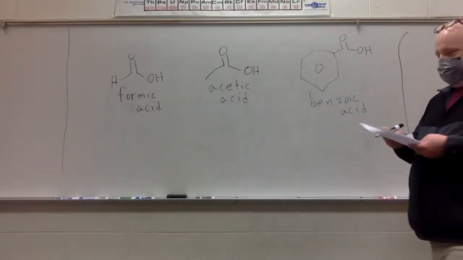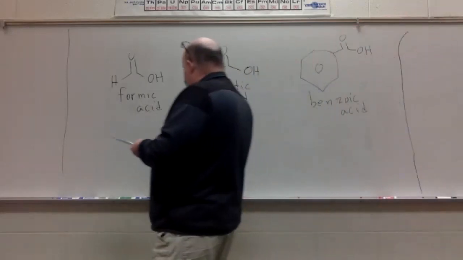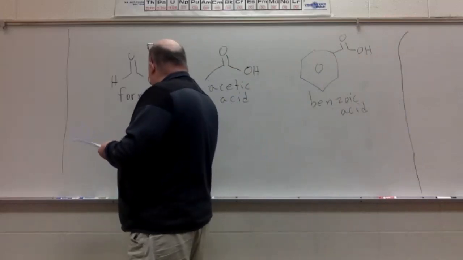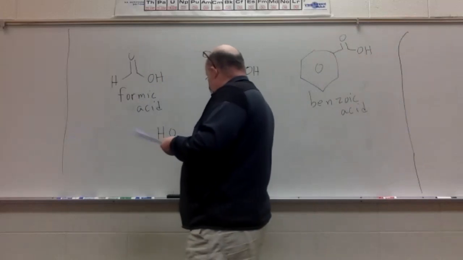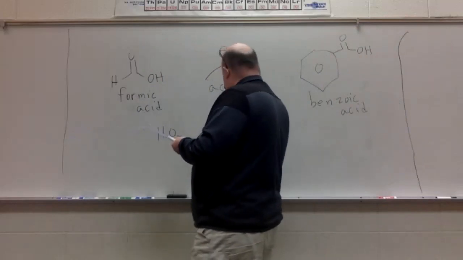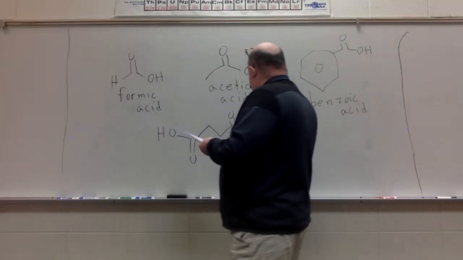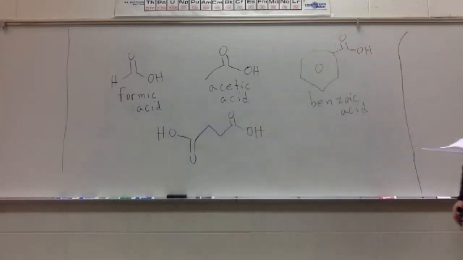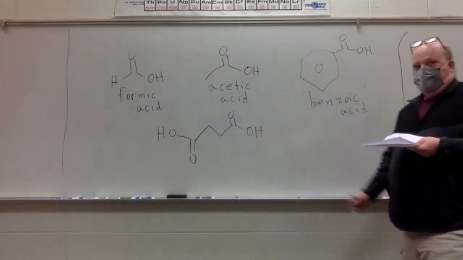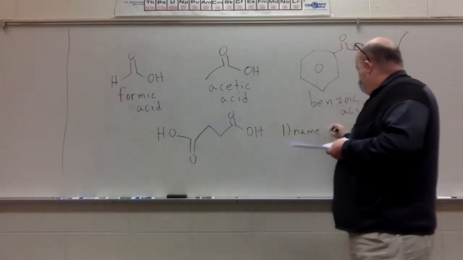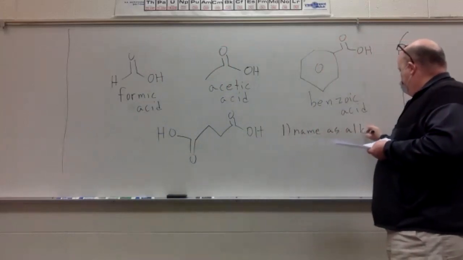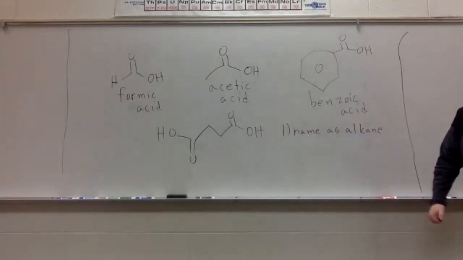One last thing about acids I do want to mention real quick. Sometimes you have more than one acid group on a molecule. Here's an example. To name these, what you do is you name them as an alkane.